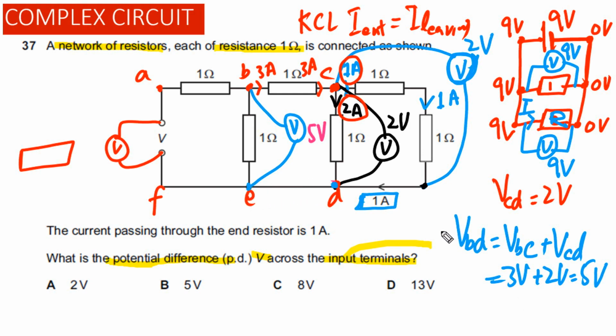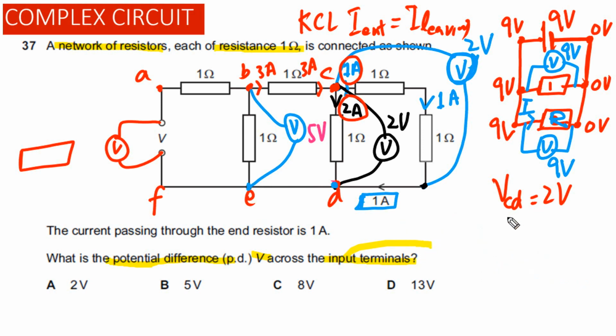So we can say the BD is also equal to the potential difference across BE. So we have found the potential difference across BE is equal to 5 volts, meaning potential difference across this resistor is equal to 5 volts. So how much current is passing through this one? We can simply find that is equal to 5 amps.